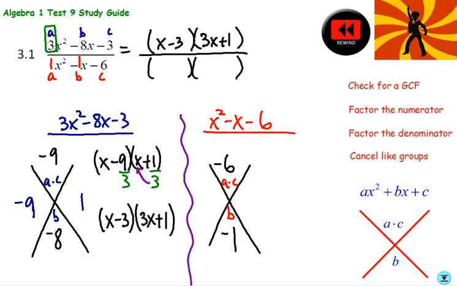Thinking 3 and 2, and then you ask yourself, okay, well, does it add or subtract to the number that's on the bottom? 3 plus 2 is 5, but 3 minus 2 is 1. And then I've just got to figure out what the deal is with the sign. So I know it's going to be 3 and 2. There's more negatives on the bottom, so that means there must have been more negatives to begin with. So that would be a negative 3. All right, so let's put that in parentheses. So x minus 3 and x plus 2.